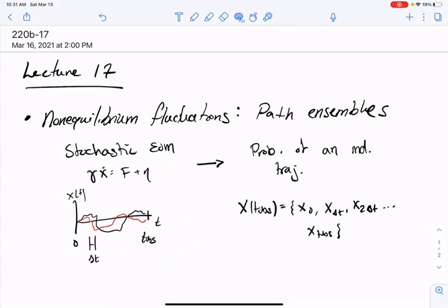We will find that a discussion of non-equilibrium fluctuations is aided by trying to assign a specific probability to that trajectory and uncover some of the symmetries associated with it.